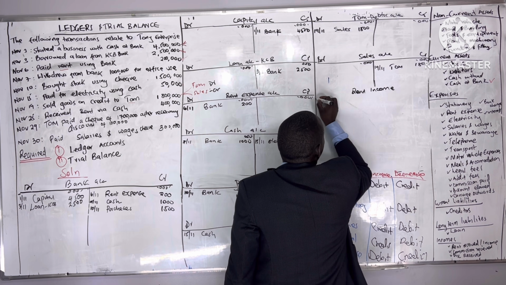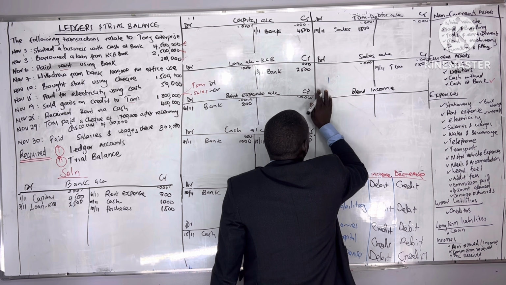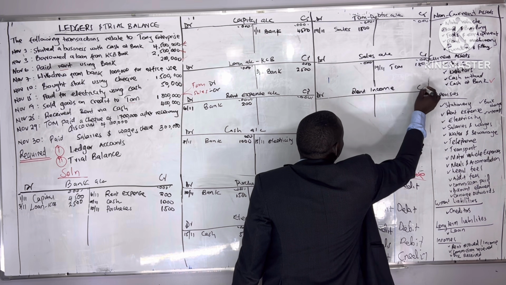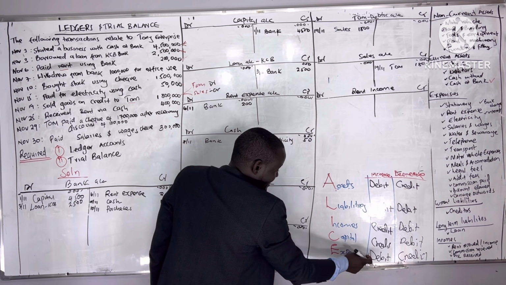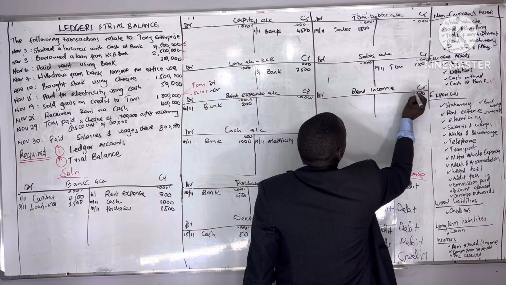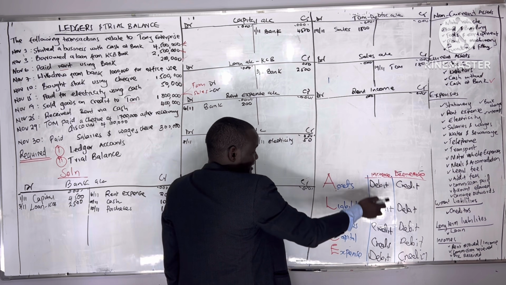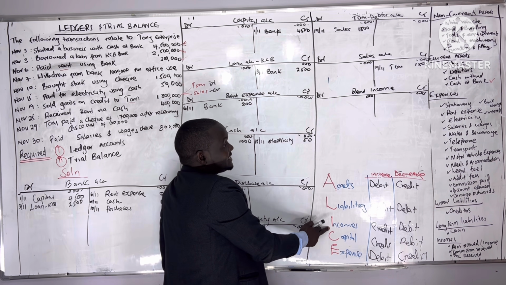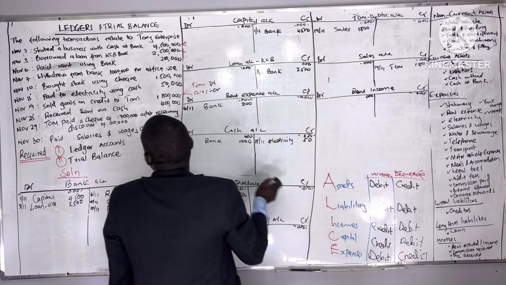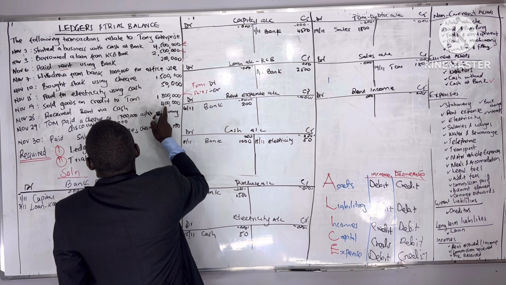When we receive rent, it means our income is increasing. Increasing income is a credit. So I will credit rent income, the 400,000.